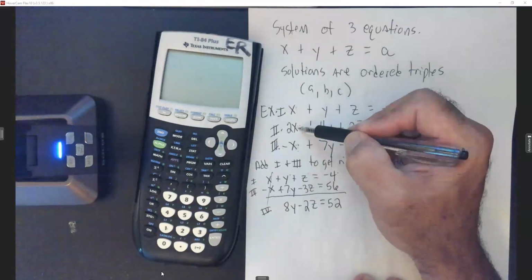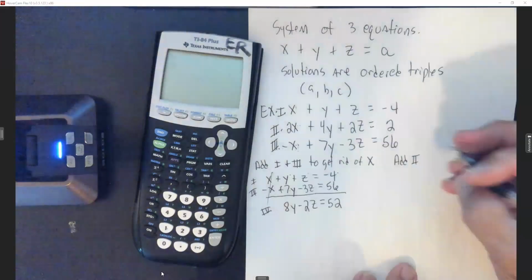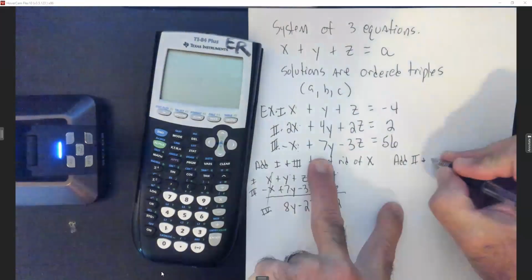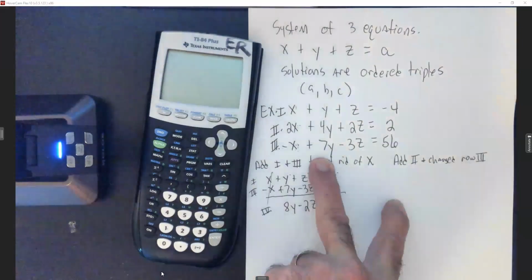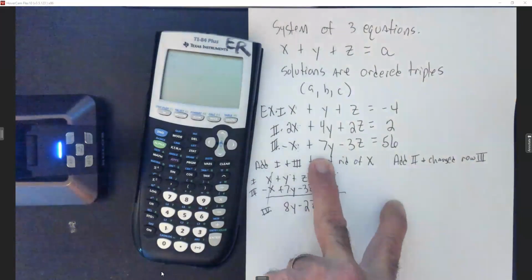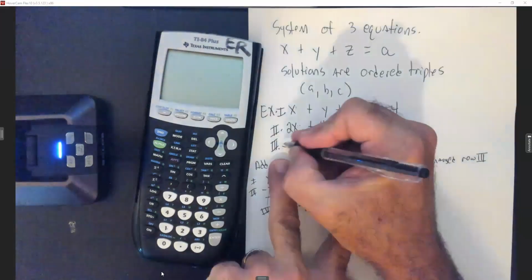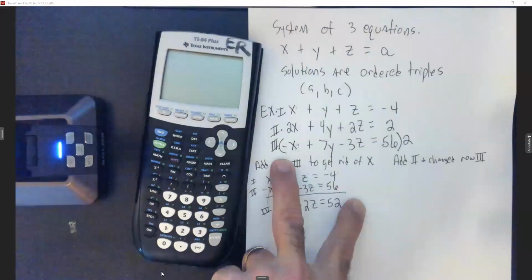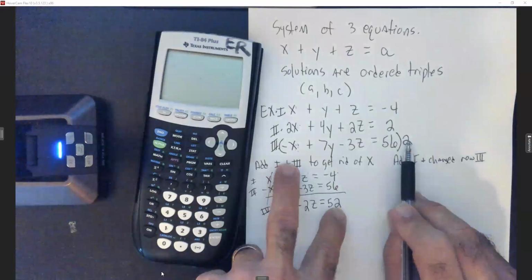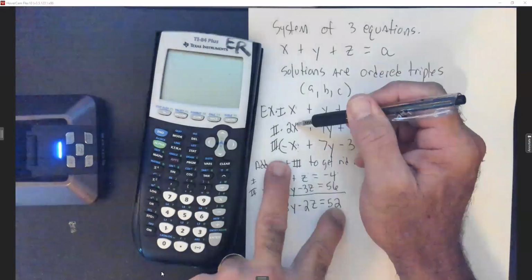So remember, you have to use row 2 this time, and I'm going to add row 2 and a changed row 3. To change row 3, I'm going to multiply the whole row by 2. So 2 times -1 will make that a -2. That's going to cancel with that really quick.